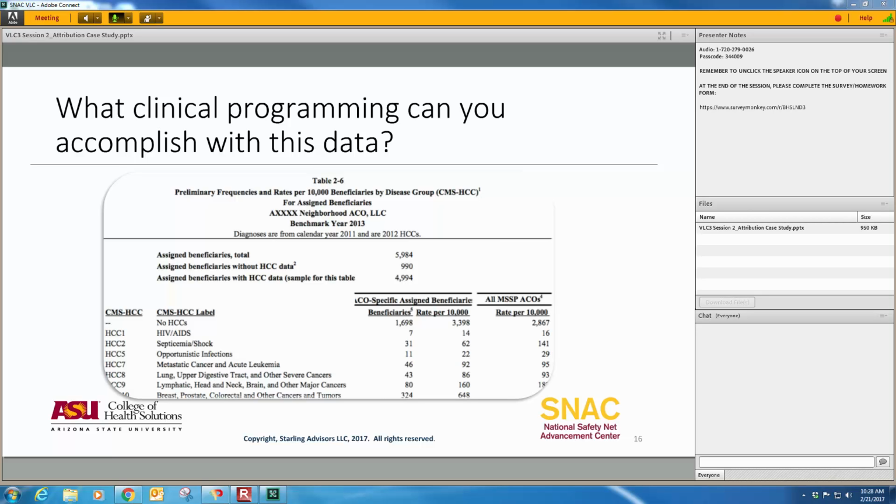But certainly, I think this creates a foundation for having a very different conversation about how an organization plans to administer care, and can immediately start to get us thinking about where we may or may not need to readjust or reallocate our resources. In the third data set, you're going to see a much rawer form of this information, one that in theory would allow you to do quite a bit more.